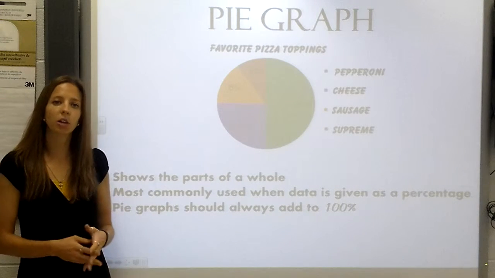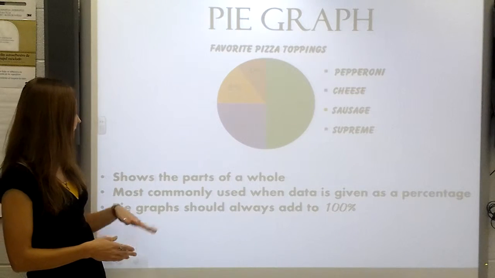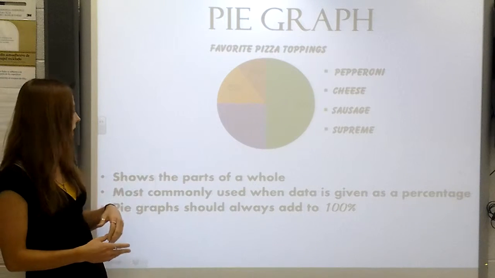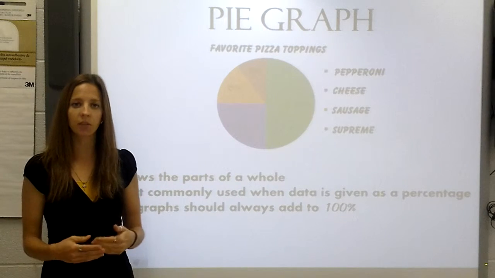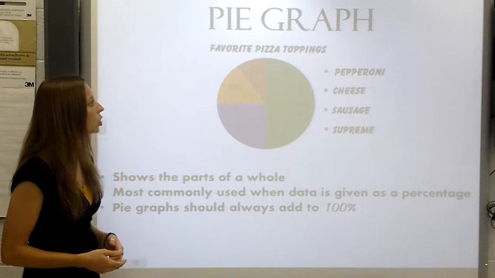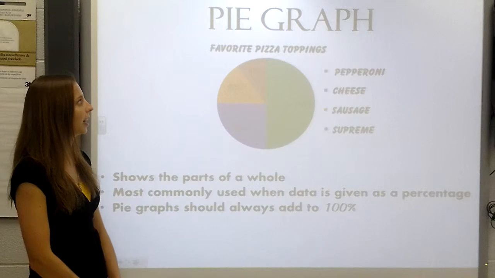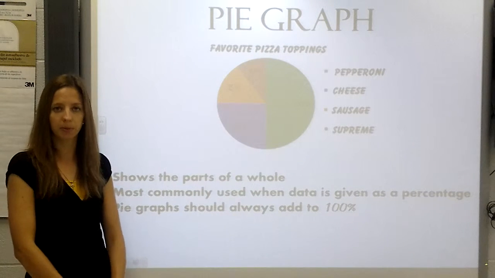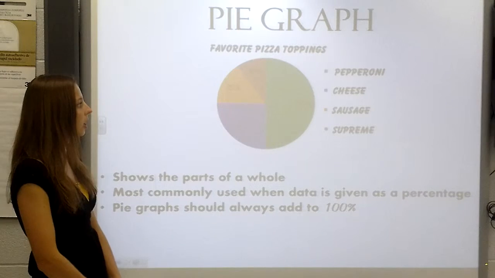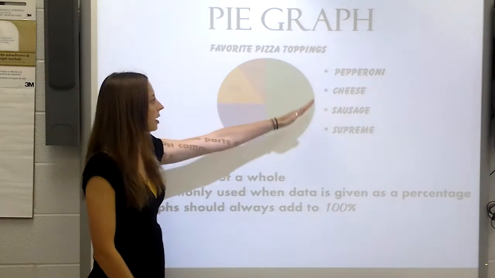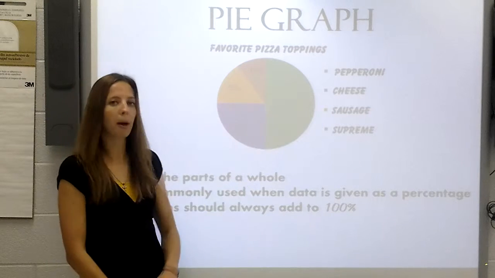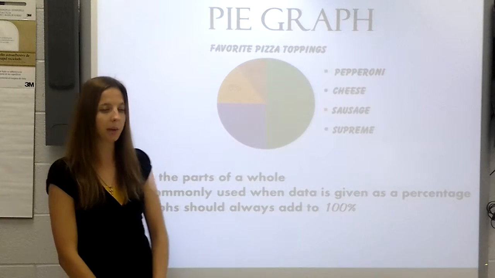The third graph is called the pie graph, and it shows parts of a whole. And it's most commonly used when your data is given to you in percentages. So if a survey was provided and they asked you what your favorite types of pizza toppings are, based on this graph, we could see that 50% of the people responded that pepperoni was their favorite topping.